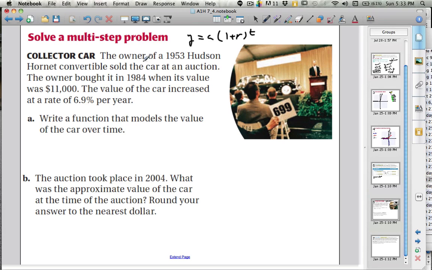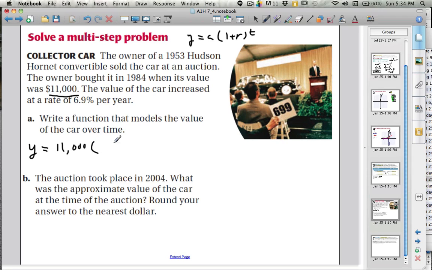Now if we have a problem like this, the owner of a car, a Hudson Hornet convertible, sold the car at auction. He bought it in 1984 when its value was $11,000, and the value of the car increased at a rate of 6.9% per year. Write a function that models the value of the car over time. Okay, so when you look at it, 11,000 is our initial amount. So y is equal to 11,000.